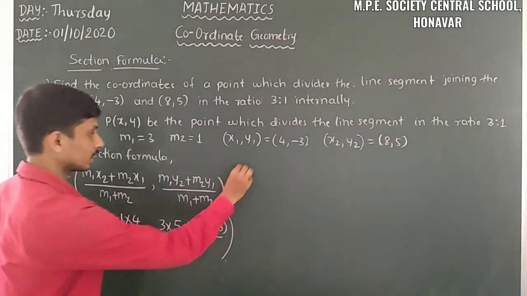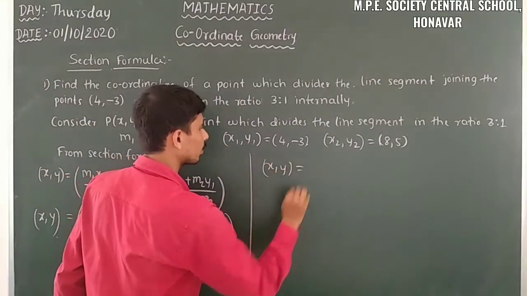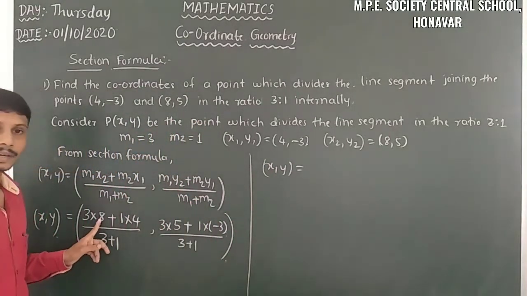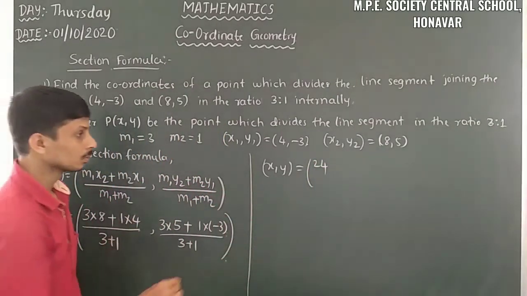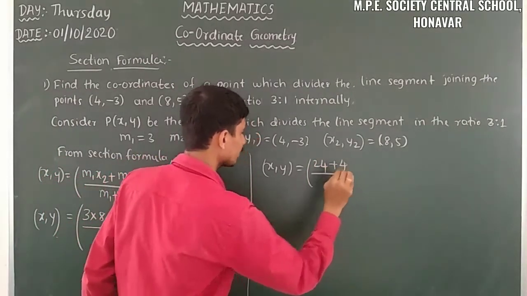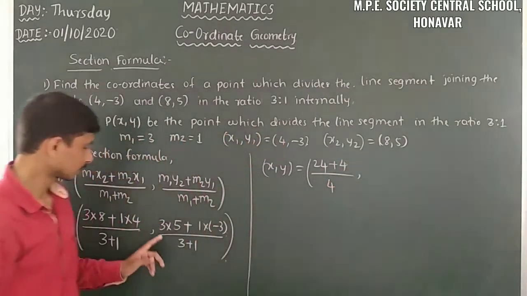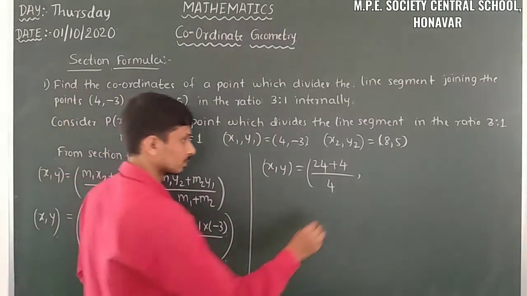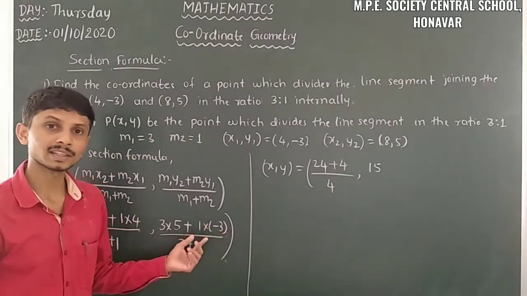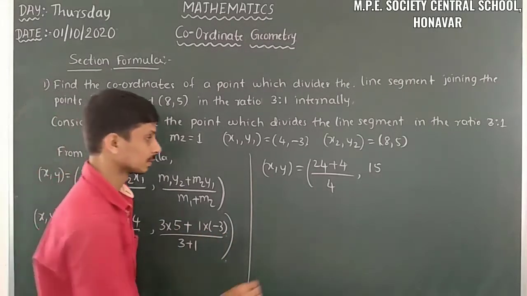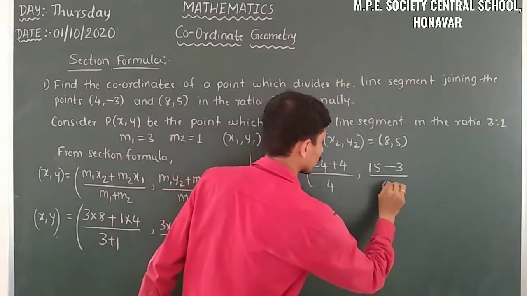So x comma y is equal to 8 into 3, 24, plus 1 into 4, 4, divided by 3 plus 1, 4, comma, then 3 into 5, 15, plus 1 into minus 3, that means minus 3, divided by 3 plus 1, 4.